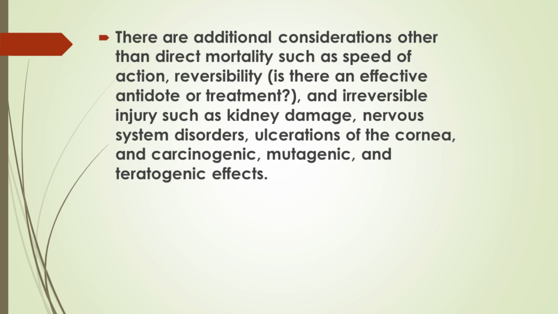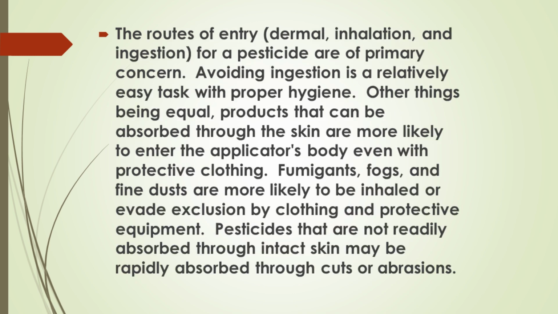There are additional considerations other than direct mortality, such as speed of action, reversibility, is there an effective antidote or treatment, any irreversible injuries such as kidney damage, nervous system disorders, ulcerations of the cornea, and carcinogenic, mutagenic, teratogenic effects. The routes of entry, dermal, inhalation, and ingestion for a pesticide are of primary concern.